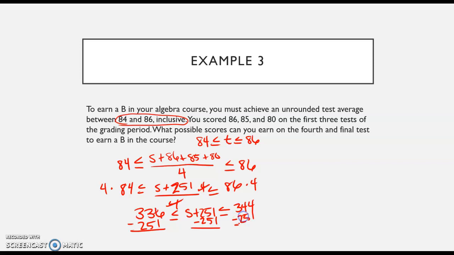So 336 minus 251 is 85, less than or equal to S, less than or equal to 344 minus 251, which is 93. So we need a test score between an 85% and a 93%. That's how we solve a compound inequality.